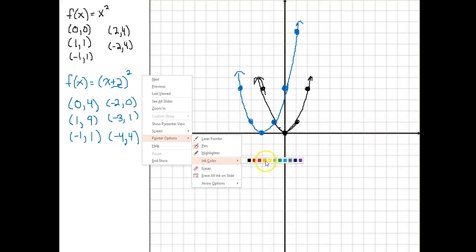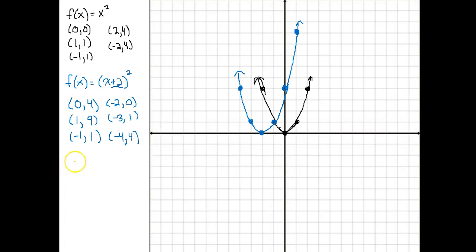I'll do the orange again. Hope you guys can see it. So then subtracting a number shifts it the other direction, to the right. So let's do (x minus 3) squared. All right, so that'll take this point and shift it to the right 1, 2, 3.